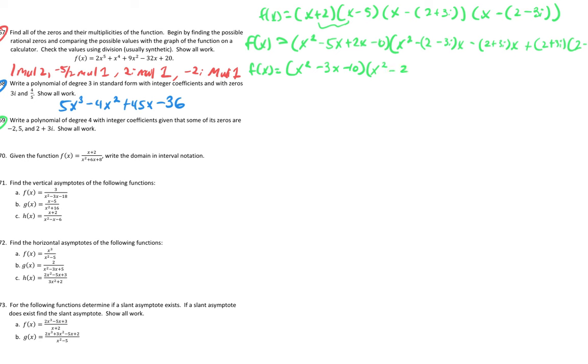So minus 2x plus 3ix minus 2x plus 3ix, and then here we'll multiply all those out, so we'll get 4 minus 6i plus 6i minus 9i squared.